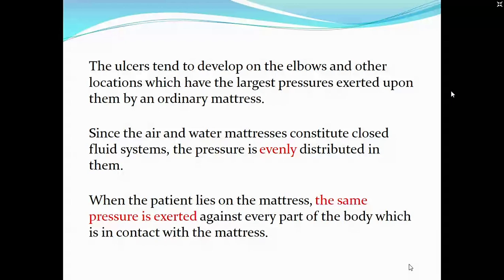If there is such a mattress, those pressures which normally must be higher than the surroundings due to the weight of the body won't be different. So we will observe equal pressure exerted upon every part of the body due to the fact that there is a fluid which transmits pressure equally in all possible directions. So the same pressure is exerted against every part of the body according to Pascal's principle.